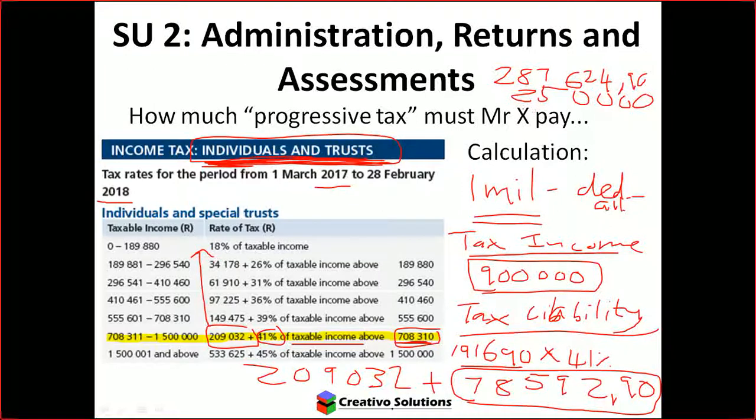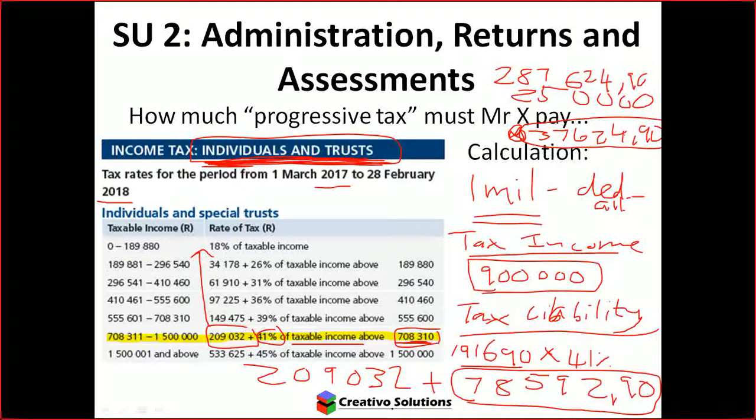Okay, so the difference that he's going to have to pay is how much? The 287,624.90 less 250,000. So it's 37,624.90. Yes, sir. Okay, that's the difference between a tax liability and taxable income. They're two very different things. Right, so in an exam, what must you always work out first?